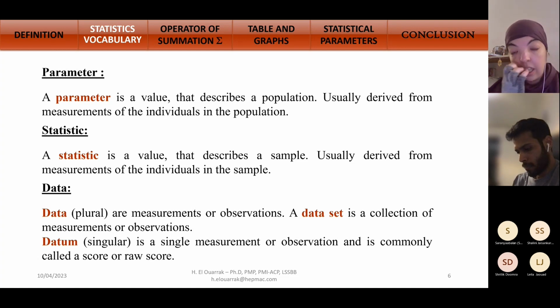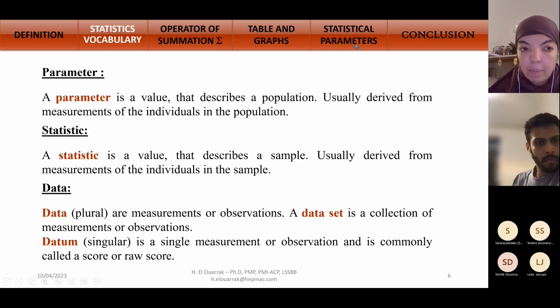But because we are in descriptive statistics right now, we will be talking about statistical parameters that relate to the sample, not to the whole population. We will be talking about measures of tendency, measures of dispersion, position, and whatnot. So you're ahead of the curve there. We will be discussing that.